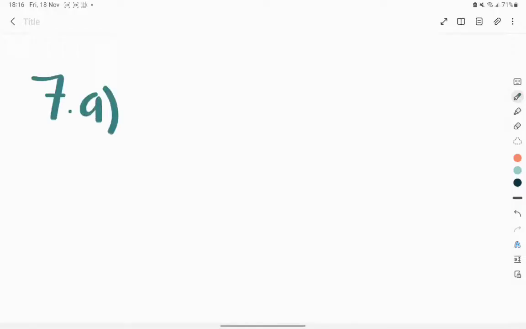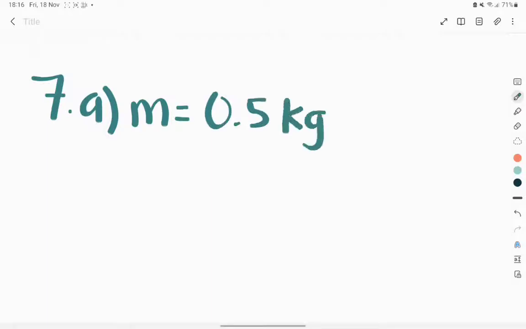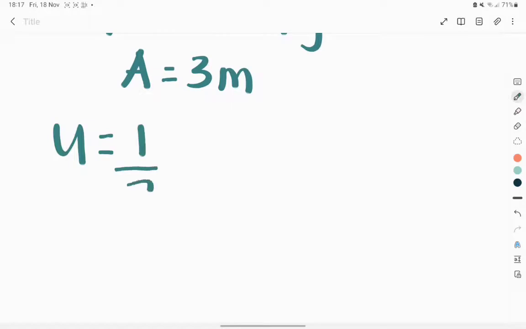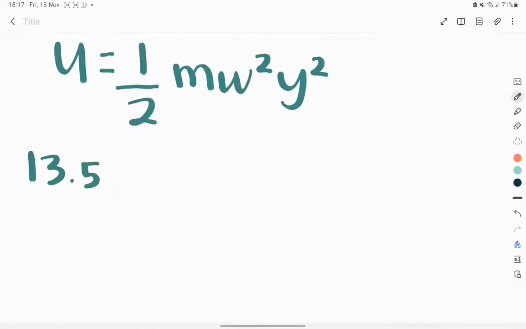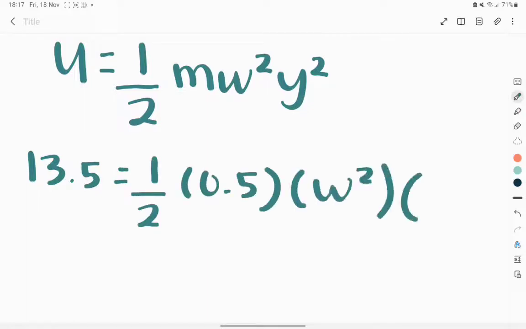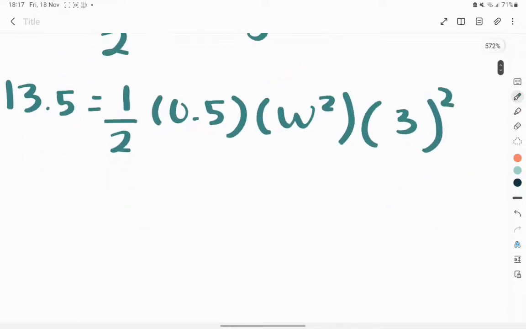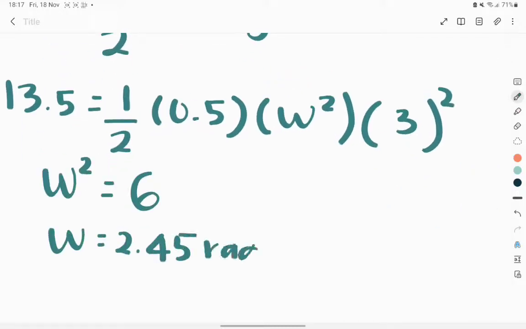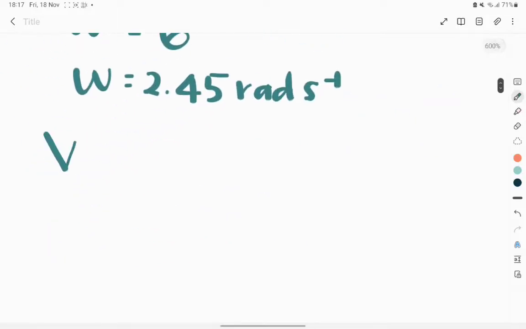For question number 7a, m is equal to 0.5 kilogram, A is equal to 3 meter, U is equal to 1 over 2 m omega square y square. Substitute the value given from the equation into the formula and you will get omega square is 6 and omega is 2.45 radian per second.